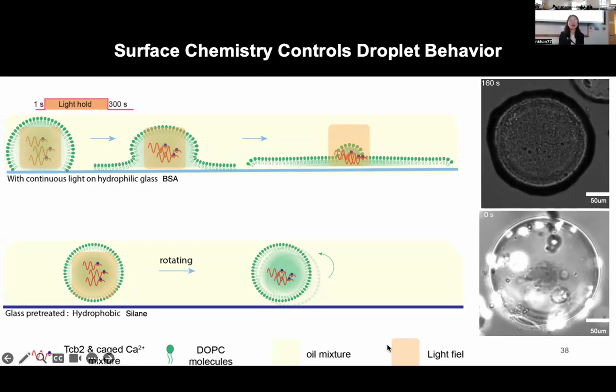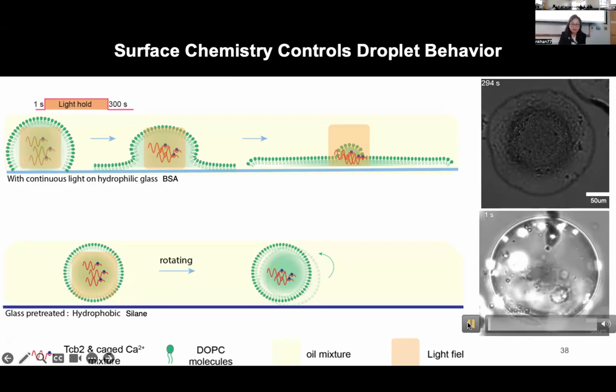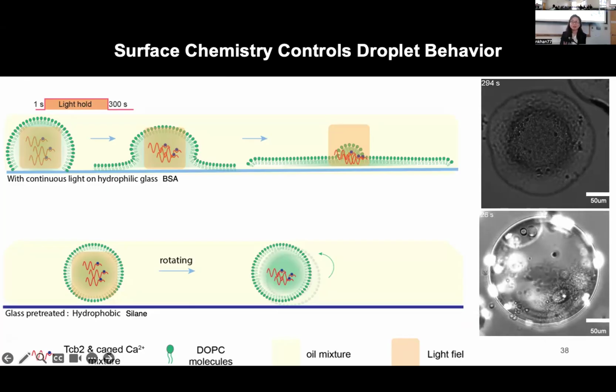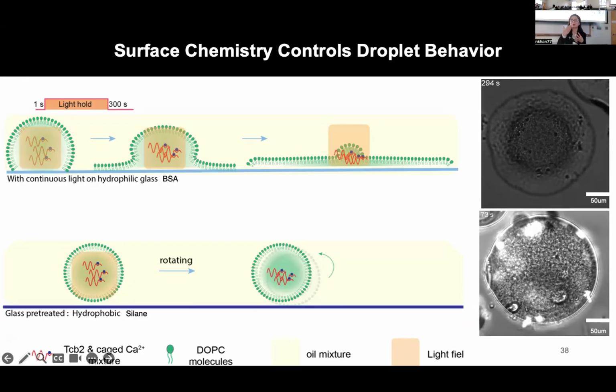And then you might say, okay, why don't you use something much stronger, like a silane or anything else, to pre-coat the system? Right now I'm showing a really hydrophobic silane system, and yes, they do not attach to the glass slide anymore. But what happens is that it starts rotating and gives us 3D motion.